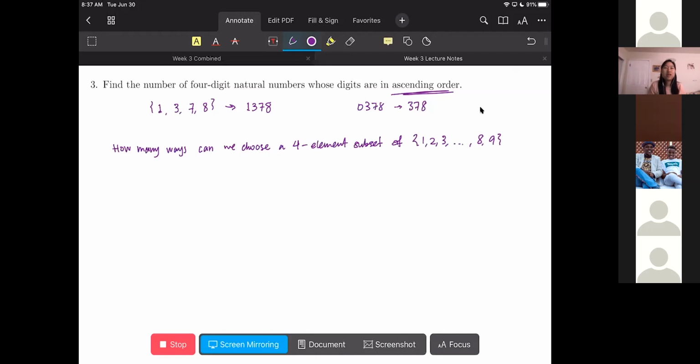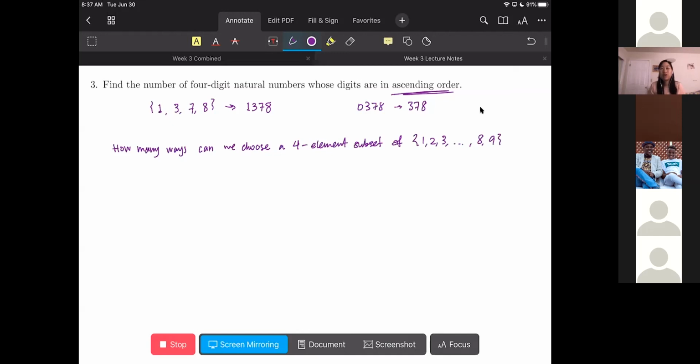Basically, the thing to note here is that for every set of 4 distinct digits, that will lead to one 4-digit number whose digits are in ascending order. For example, the set 1, 3, 7, 8 leads to the number 1378, which is 4 digits and in ascending order.